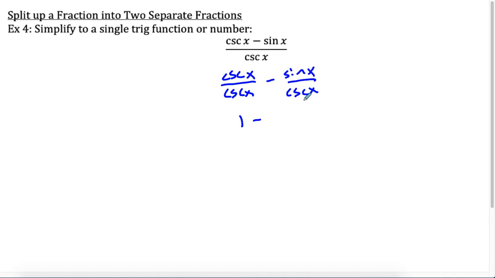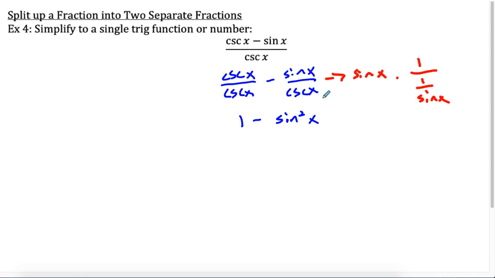Now I've got sine over cosecant. Well, I know that cosecant is the reciprocal of sine. So this was really sine times sine. If I've got cosecant in the denominator, that would be the same as sine in the numerator. So this would really be sine squared of x. We can write this out and say this would be the same as sine of x times 1 over 1 over sine.